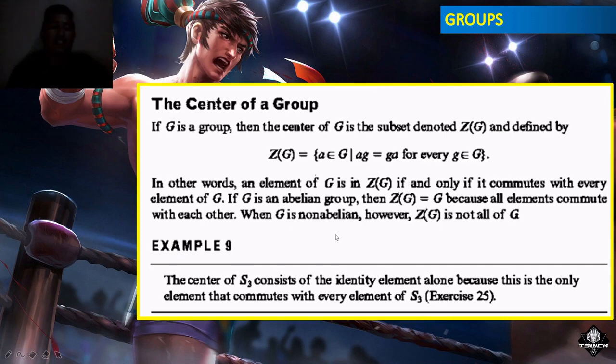So, now, when G is non-abelian, however, Z of G is not all of G, meaning, subset lang siya sa atong G. So, center of G is a subset, subset lang siya, class, such that ang iyang mga elements mag-commute with the other elements in G.